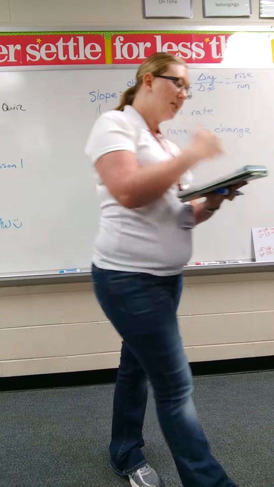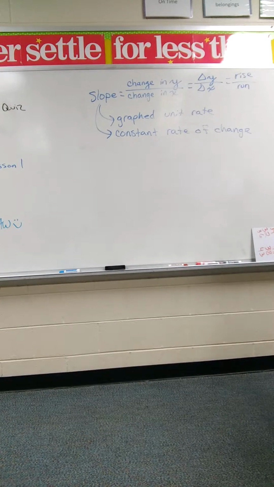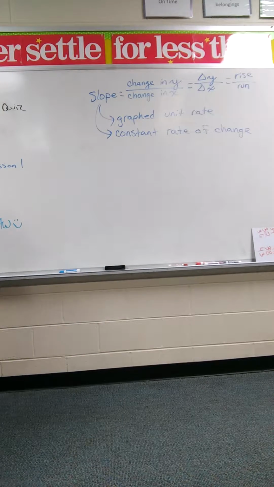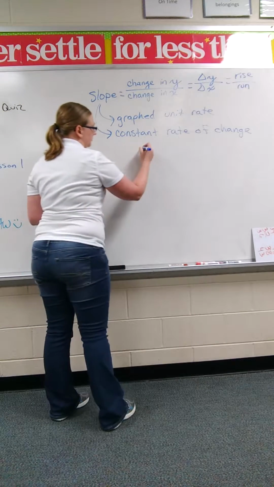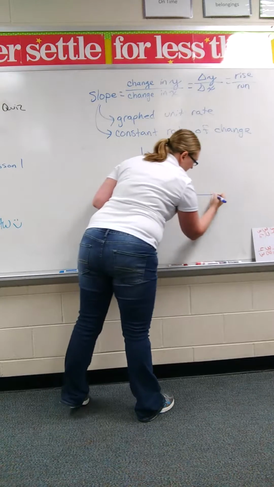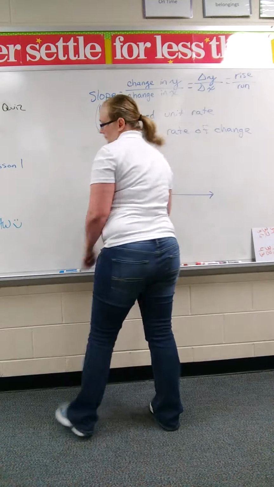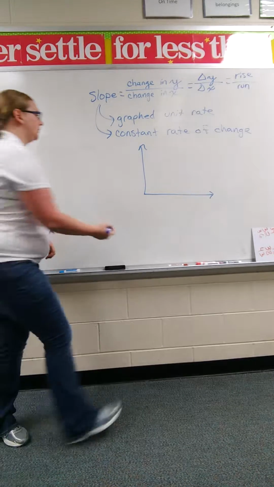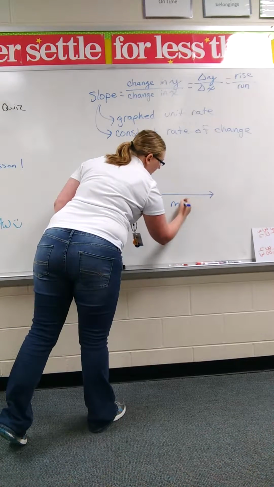So, we have a table that gives us information and wants us to graph the data and find the slope. So, let's sketch a graph. Okay? We have our miles on our x value.